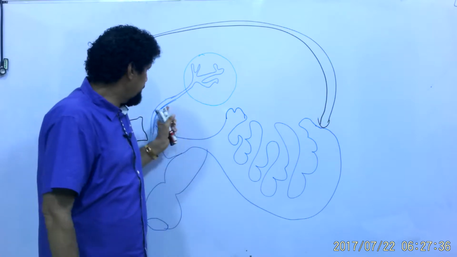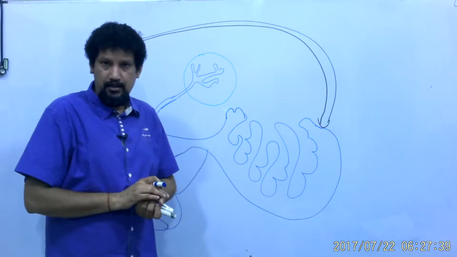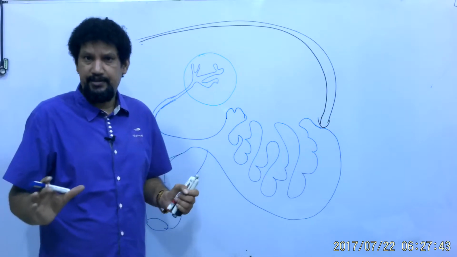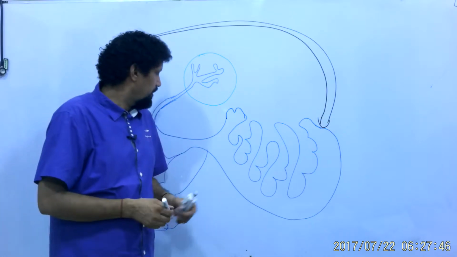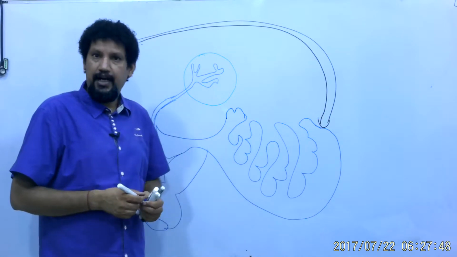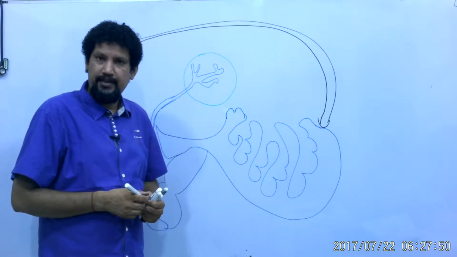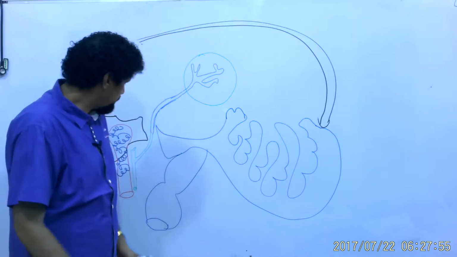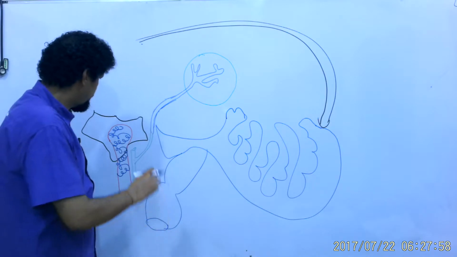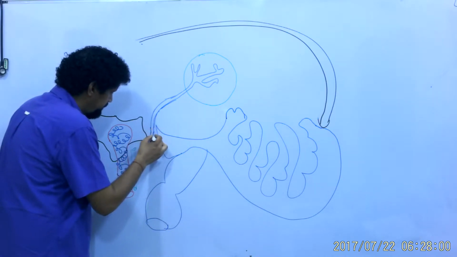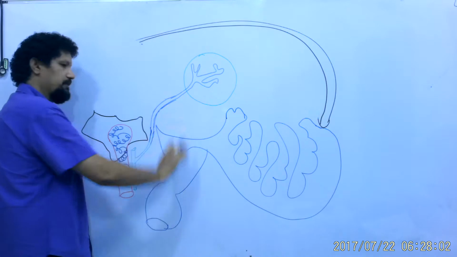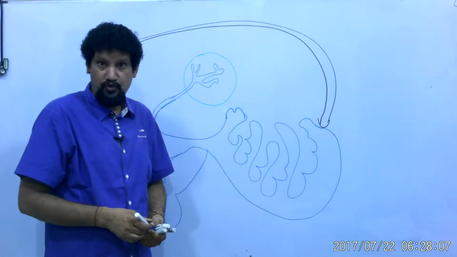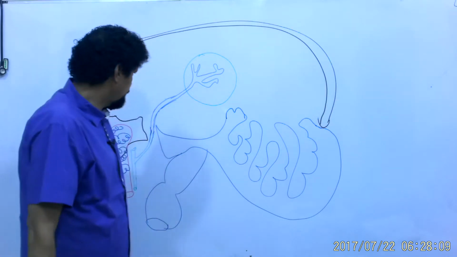So, this is the tympanic branch of the glossopharyngeal nerve, and this is forming a plexus, the tympanic plexus, in the middle ear cavity and supplying general somatic afferent fibers to the middle ear cavity. So, there is a tympanic canaliculus which accommodates the tympanic branch of the glossopharyngeal nerve. Sorry.